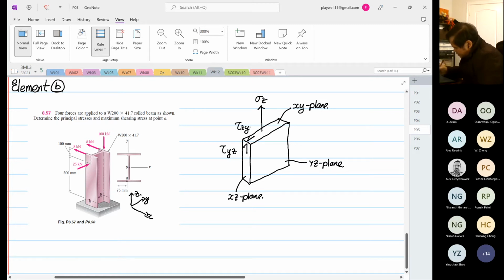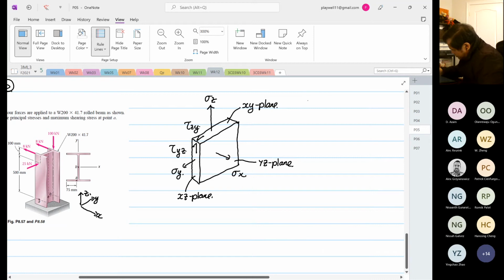Then this is our stress X. This will be our stress Y. So now coming back, we will know that stress X is equal to 0, and it also has 0 shearing stress.